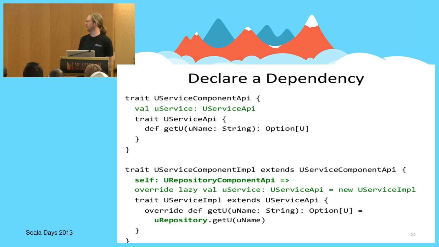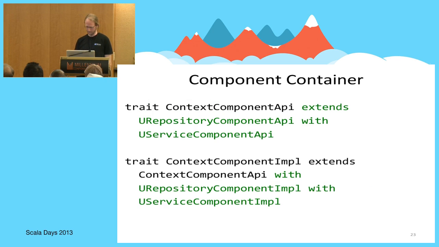So that means, even though I'm abstract right now, I know by the time that I'm concrete and instantiated, I'm going to be a uRepository component impl, which means I'm going to have a uRepository injection site, and it's not going to be abstract, it's going to be concrete, because I've been instantiated, so I don't have any abstract members left. That's the basic idea.